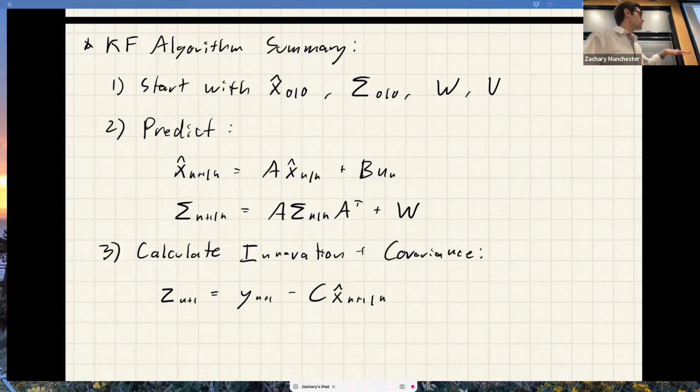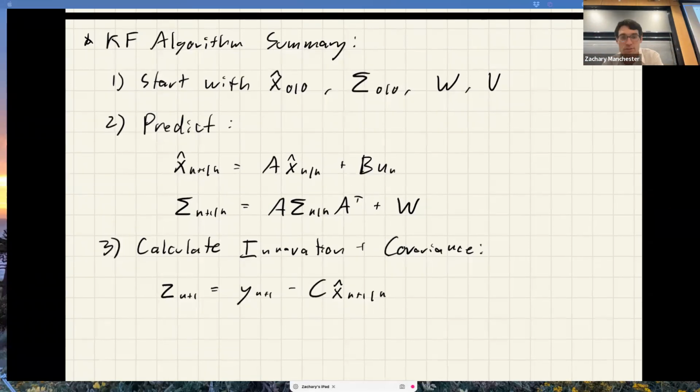So it's totally legit to write down several different sensor models: a bunch of different Ys and a bunch of different Cs. I can run those measurement updates independently, asynchronously, at different times. Totally fine. So I might have 3 different sensors, 3 different C matrices, 3 different Ys, and run those at different rates. That all doesn't matter, and that's super common in practice also. Okay, so there's the innovation covariance.